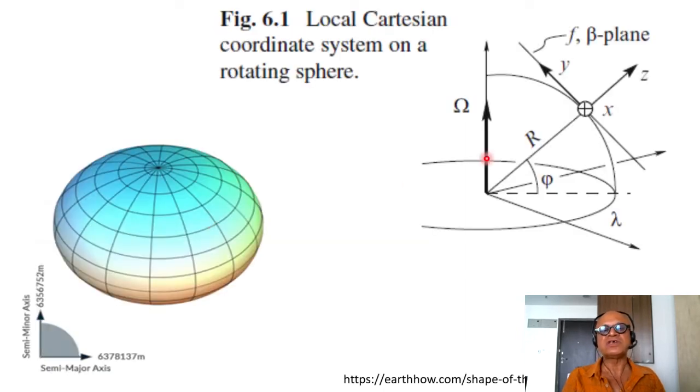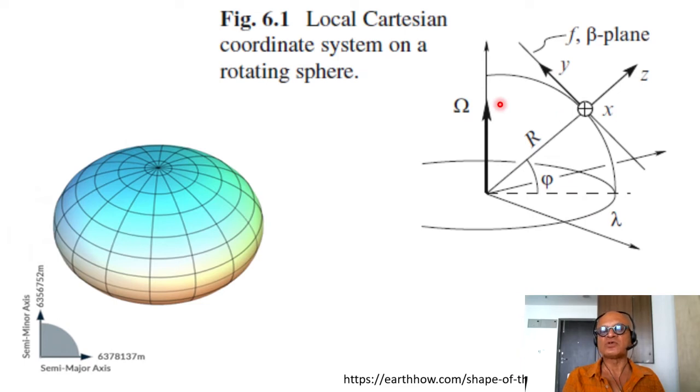So we do this in a local Cartesian coordinate on a rotating sphere that gives us some simplifications to the equations we have to look at. So we have the meridional direction or the latitudinal direction and the longitudinal direction. So this sweeps 0 to 360, and this goes typically from 0 to 90, right?